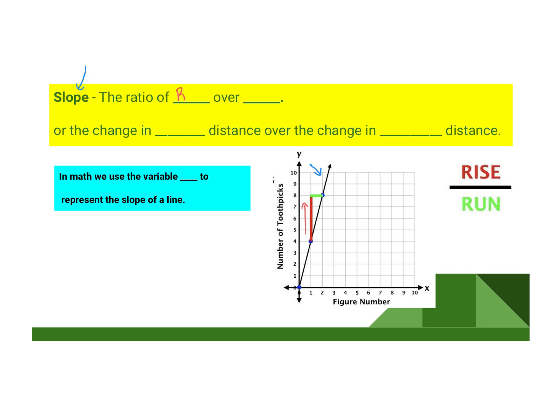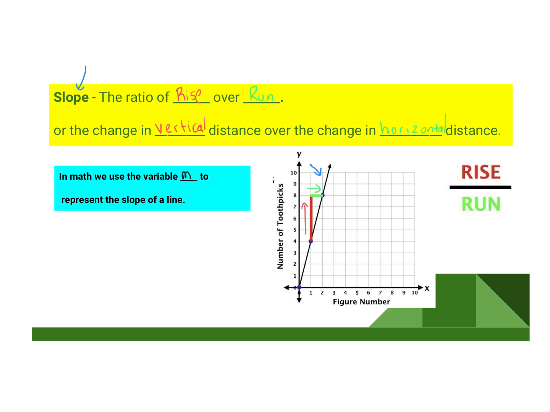It's the ratio of the rise to how much does it go over. We call that the run, or the change in vertical distance to the change in horizontal distance. In math, we use the variable m to represent the slope.